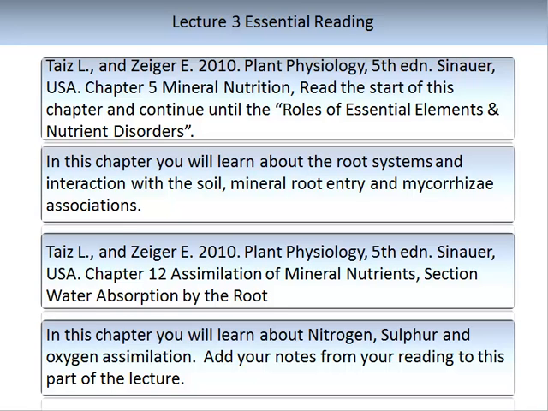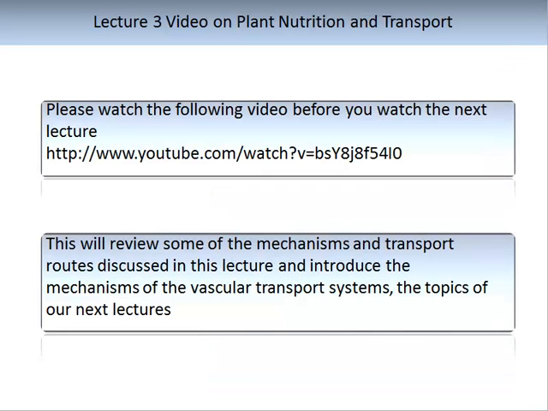Another chapter I'd like you to review is chapter 12 from the same textbook. This is on the topic of assimilation of mineral nutrients, and the absorption of water by the root. In this chapter you will learn about nitrogen, sulfur and oxygen assimilation. Please make notes and put your notes with your lecture notes here. I would also like you to watch the following YouTube video.